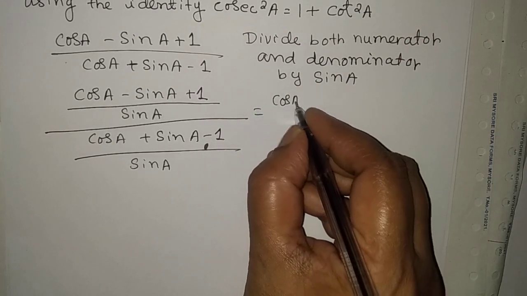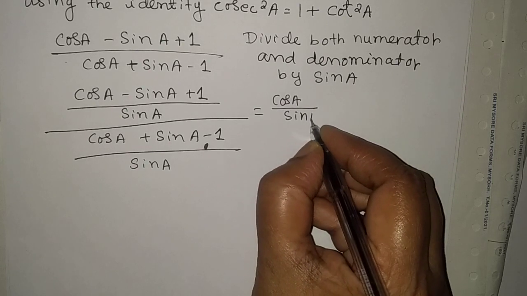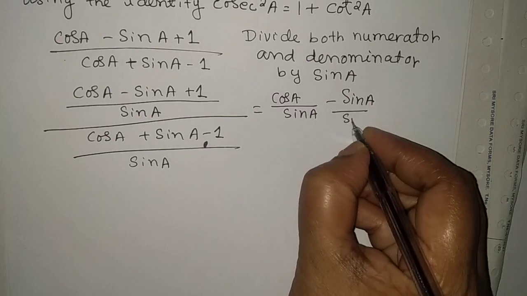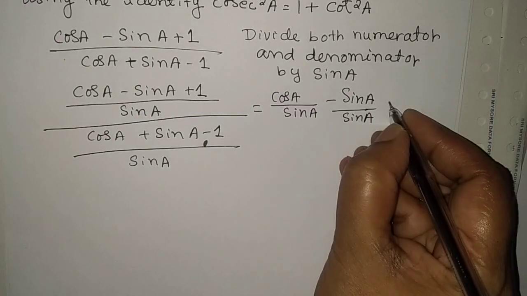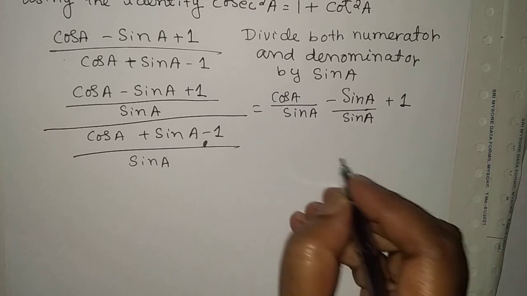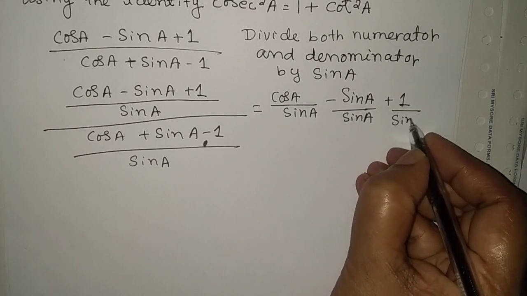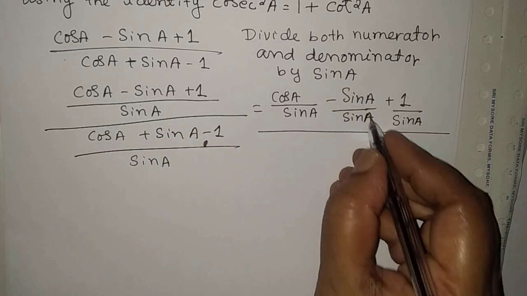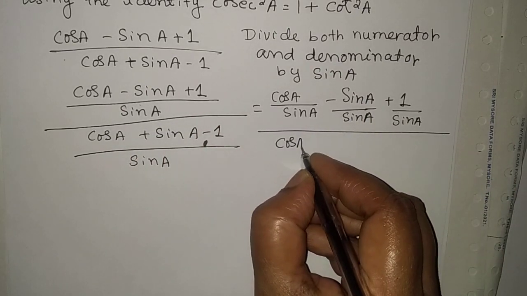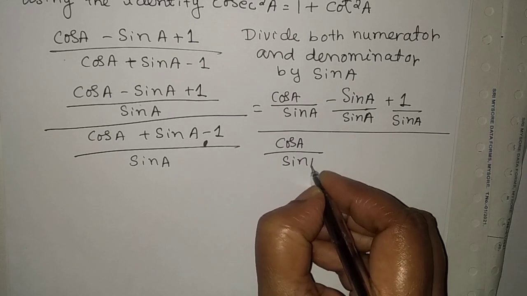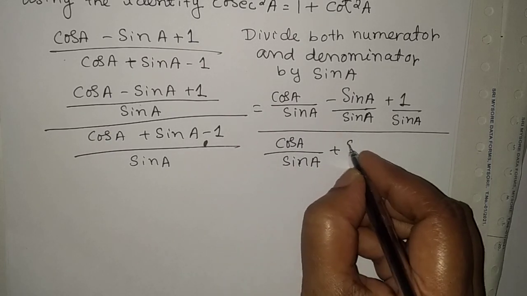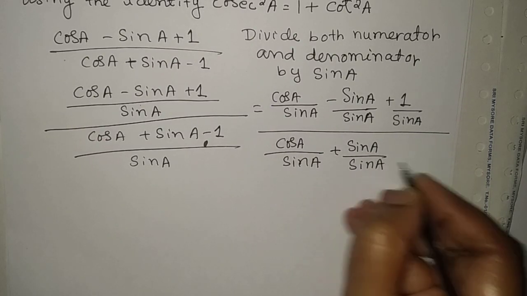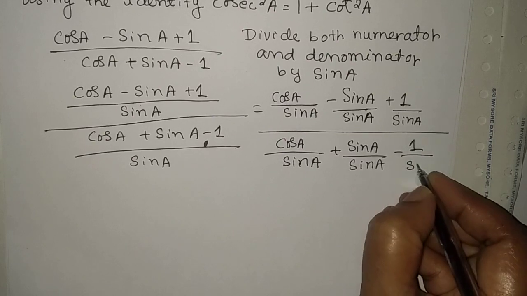That is cos A by sin A minus sin A by sin A plus 1 by sin A. Then in the denominator, cos A by sin A plus sin A by sin A minus 1 by sin A.